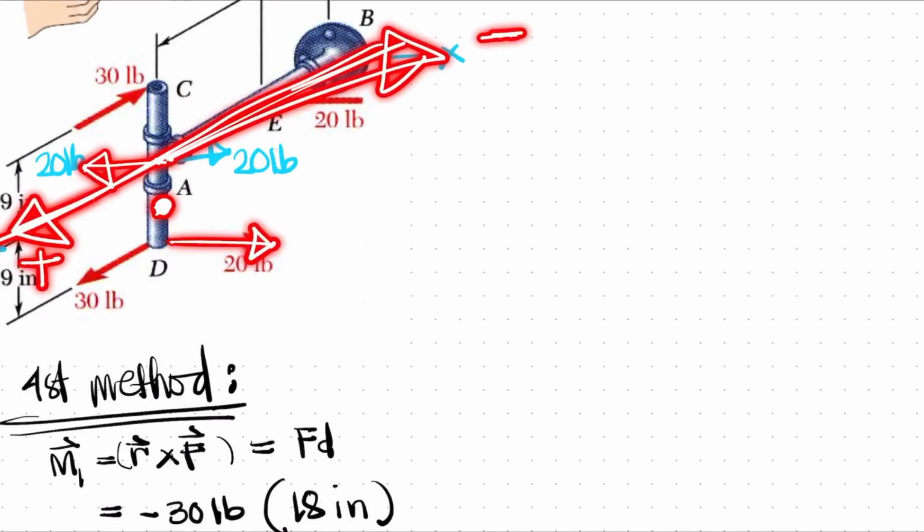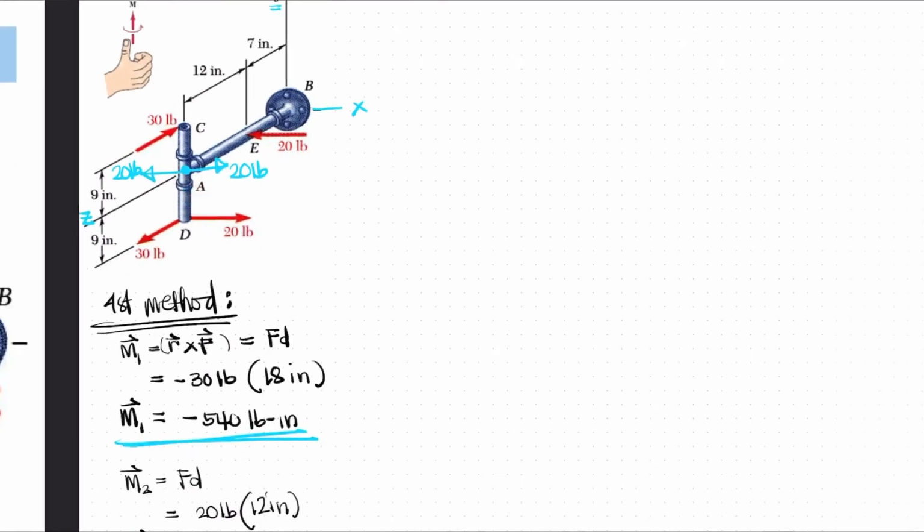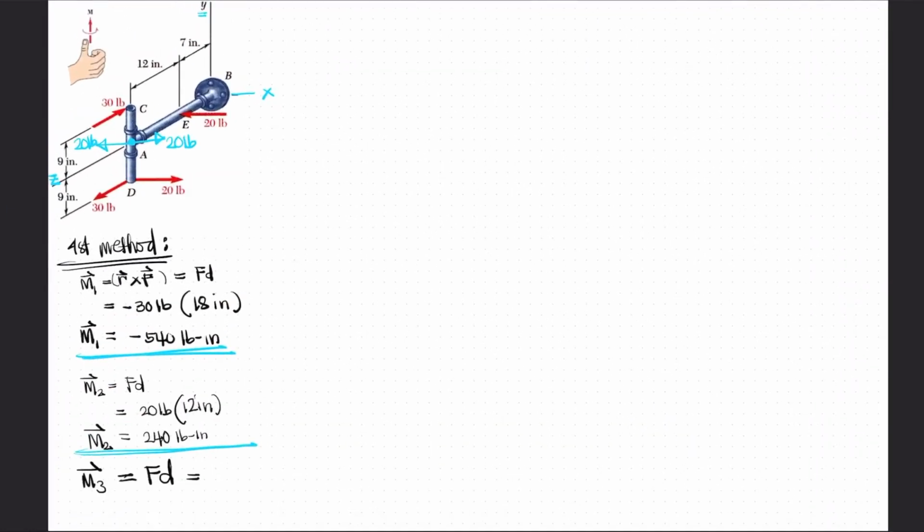In this case, your thumb points at you, and the couple will rotate the rigid body in this direction. So, positive 20 pounds times the perpendicular distance between these two forces, which is 9 inches.